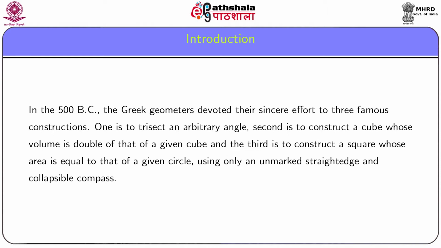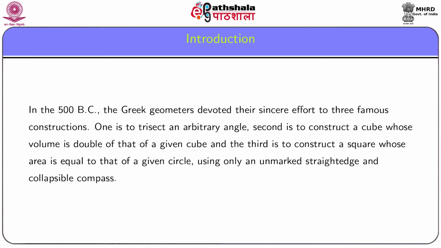We have a series of results which show that all the constructions which can be done using an unmarked straightedge and a movable compass can also be done using an unmarked straightedge and collapsible compass.